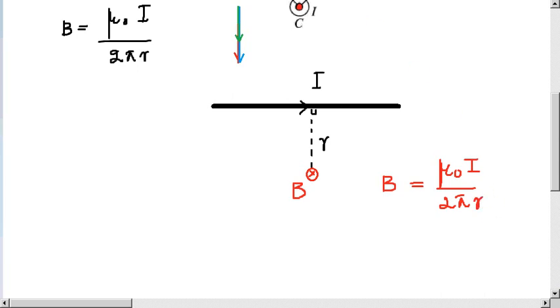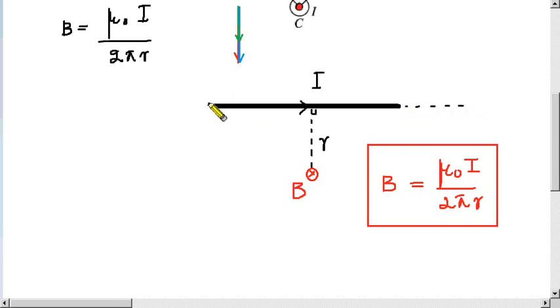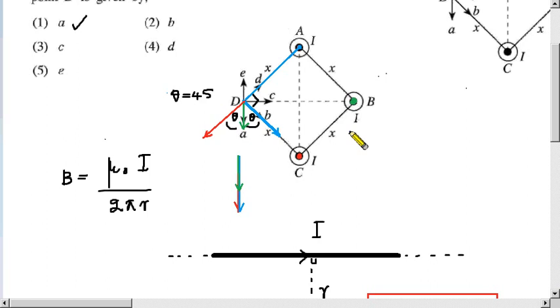So this is the equation. You don't have to derive it, therefore your teachers don't derive it and show you how this comes. They just give this equation to keep in your mind. Since these wires are infinitely long, you mark dash lines also.